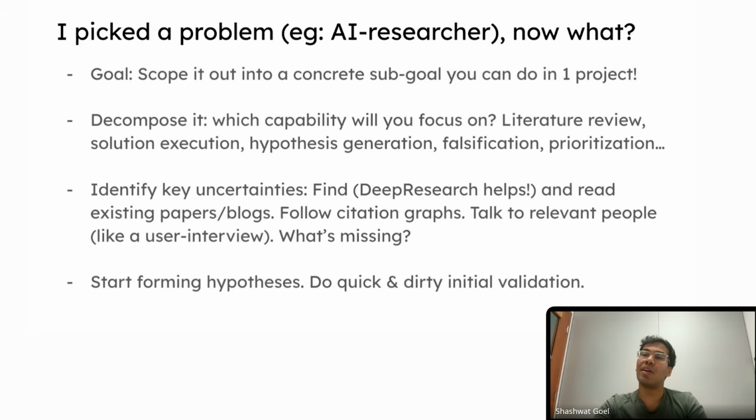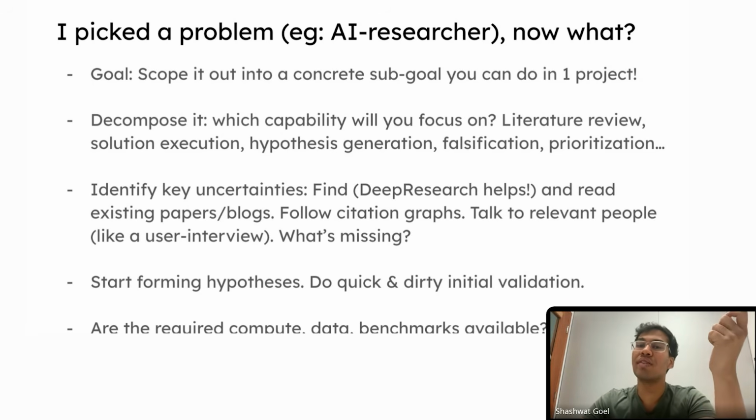Then, let's say you did all of this and came up with a clean hypothesis. The first thing to do is quick validations of it: basically, run the smallest experiment possible that would either invalidate your hypothesis or show early signs of convincing evidence.